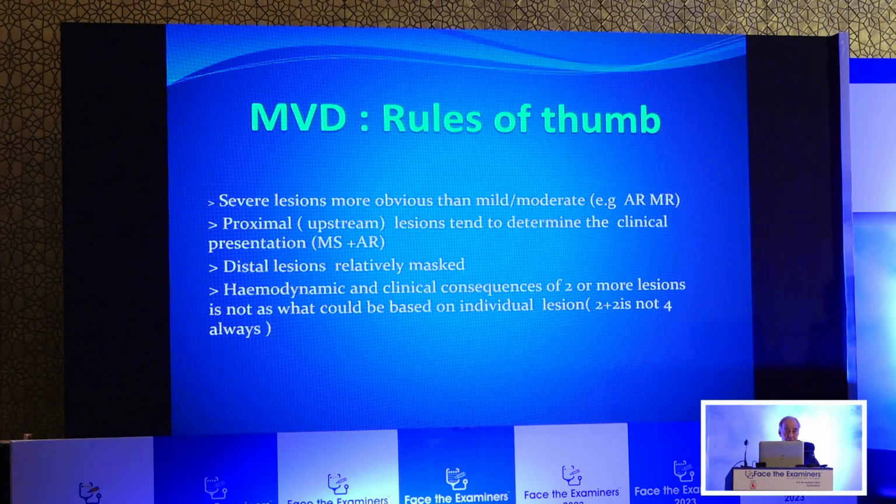Many times in the exam, you might have missed a given murmur, or you might have thought the X lesion is dominant and the Y lesion is dominant, and the examiners may keep asking you questions, do you think this patient has this lesion also a little bit? So think over, maybe the dominant finding of the other lesion has made you not realize that there was another lesion which was mild.